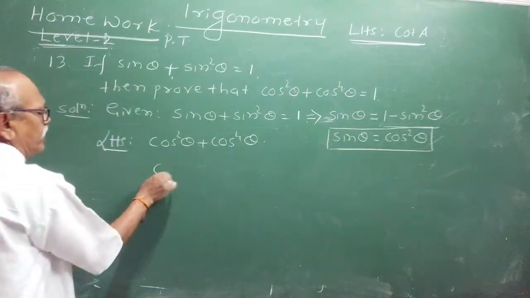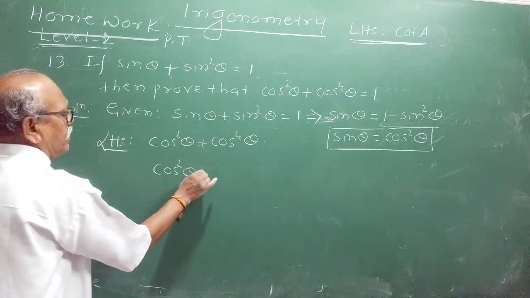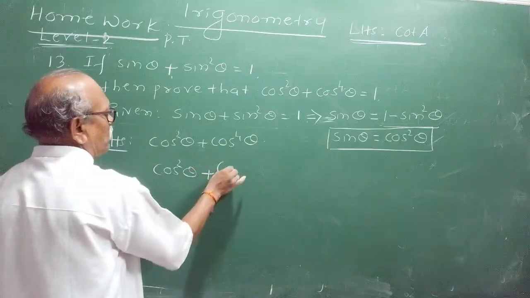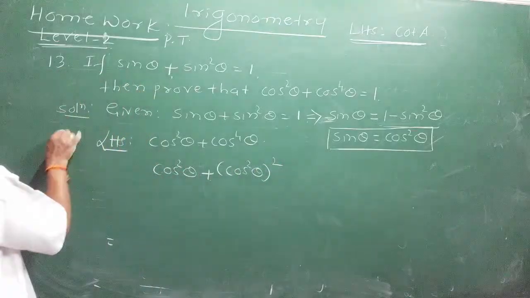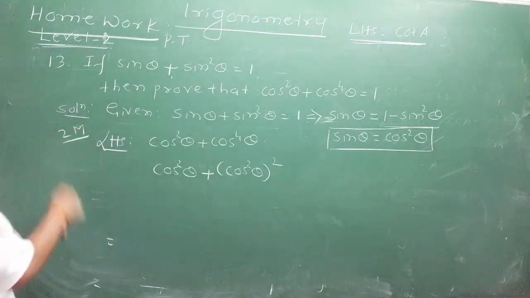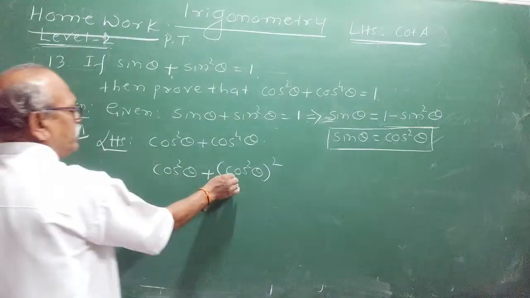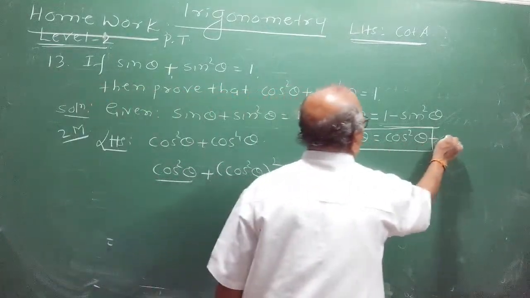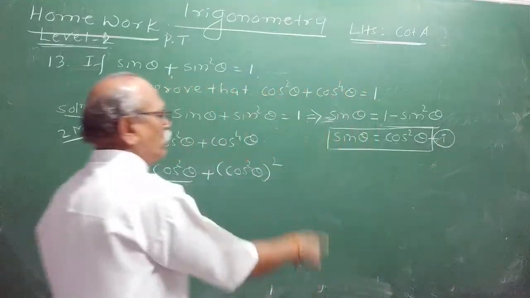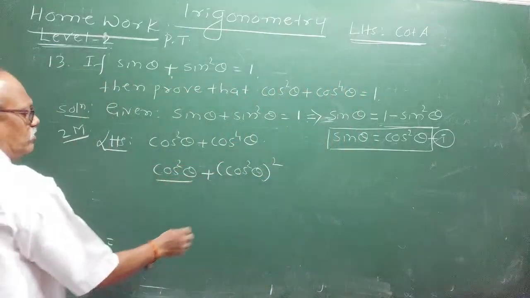Let me write this as cos square theta plus, can I write cos raised to 4 theta as cos square theta whole square? Good question for just 2 marks. Simple trick. But what is cos square theta equal to? Call it as 2.